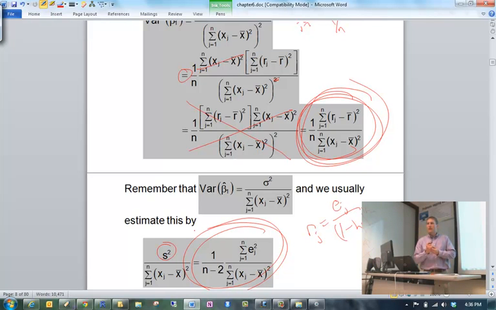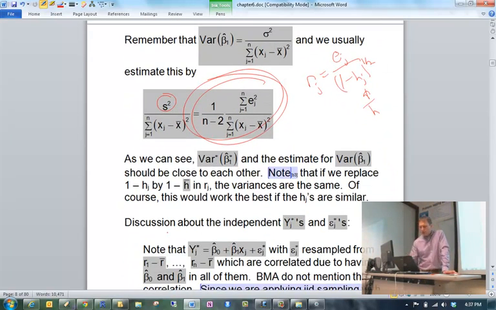Show that on your own. Just as a reminder, if it's been a while since you've taken a course in regression analysis, the sum of the h's here will be 2. It's just the number of parameters that you're estimating. So h bar then will be 2 over n.